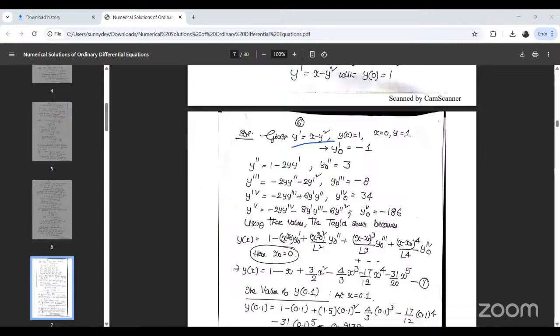y dash. So y double dash: the derivation of x is 1, and y square gives 2y, and the y derivation is y dash.